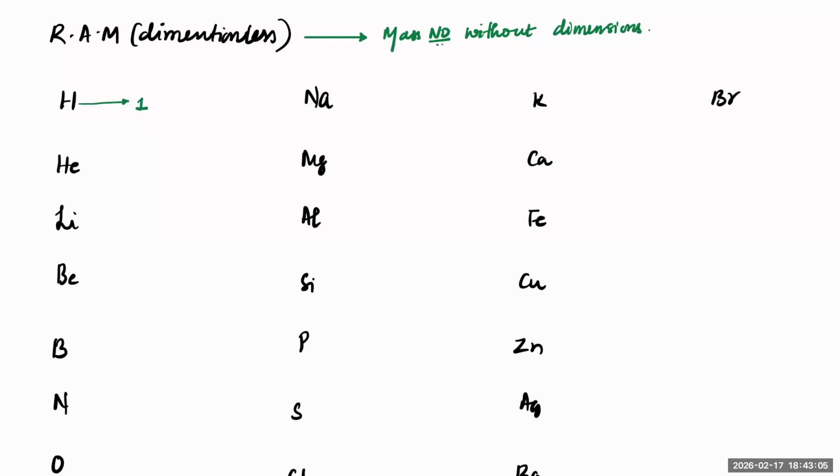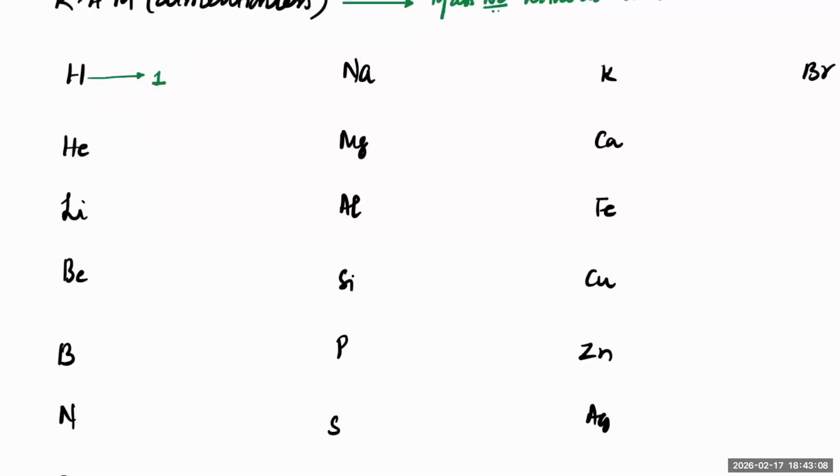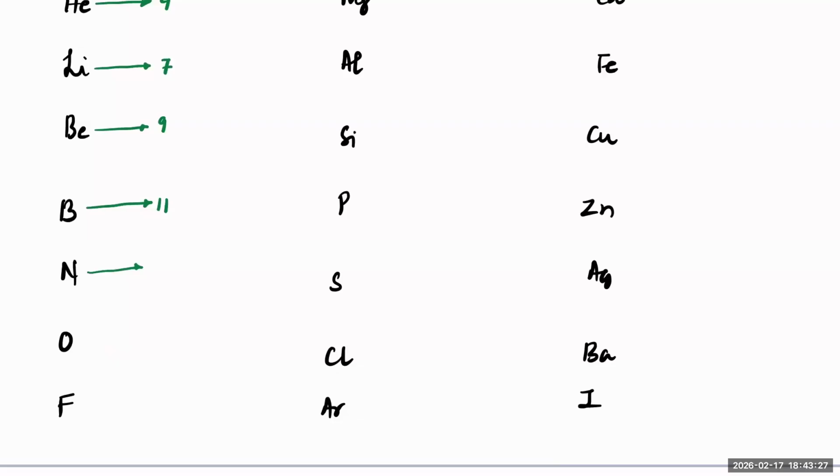Next, helium has 4 AMU per atom. Lithium has 7 AMU per atom. Beryllium has 9. Boron has approximately 11. Nitrogen has 14. Oxygen has 16. Fluorine has 19.